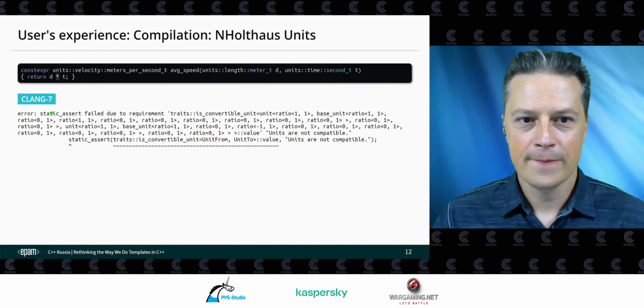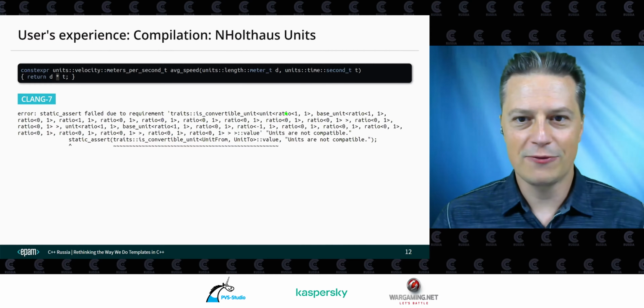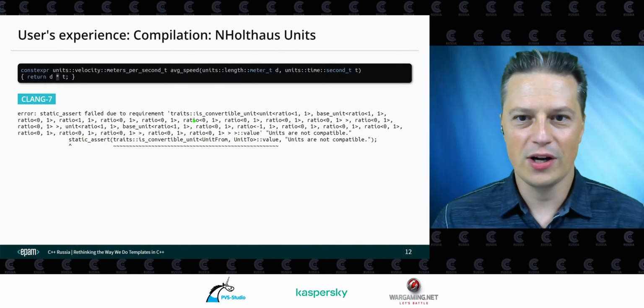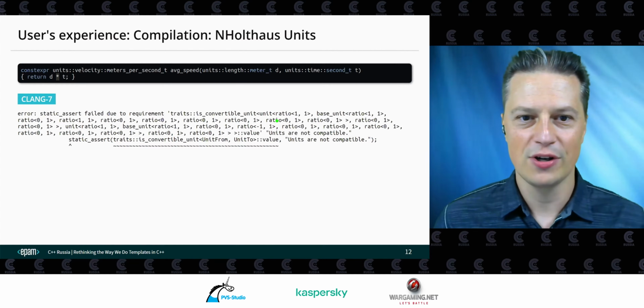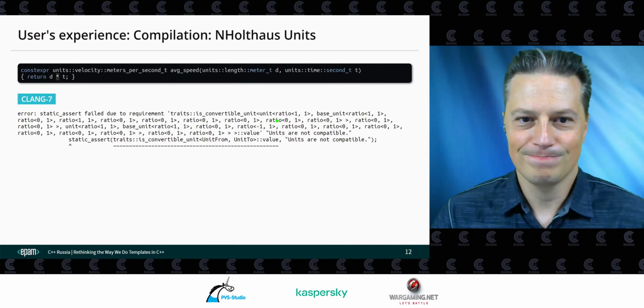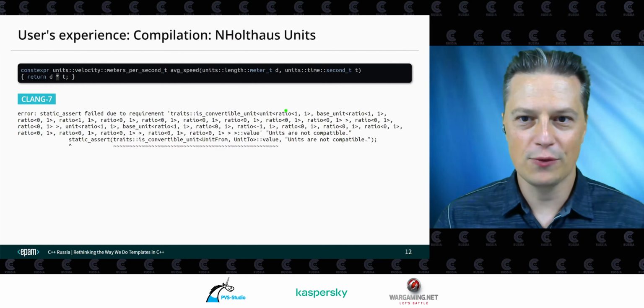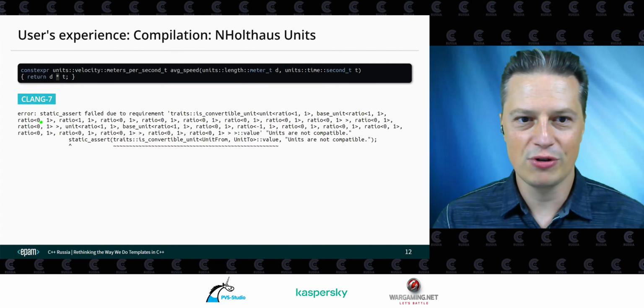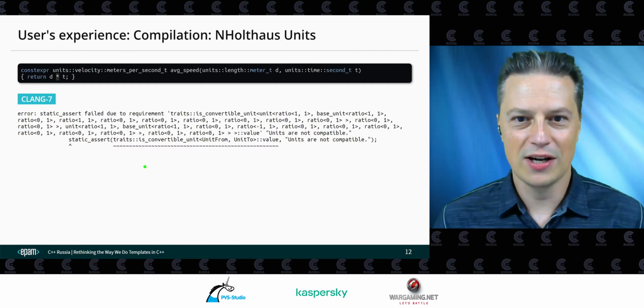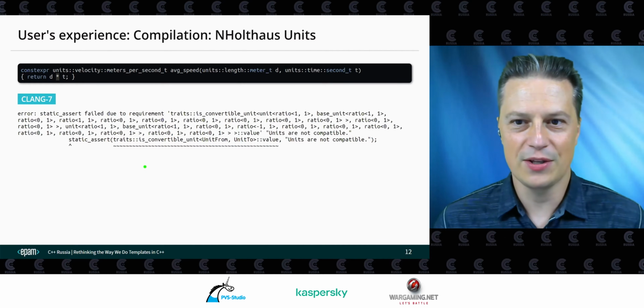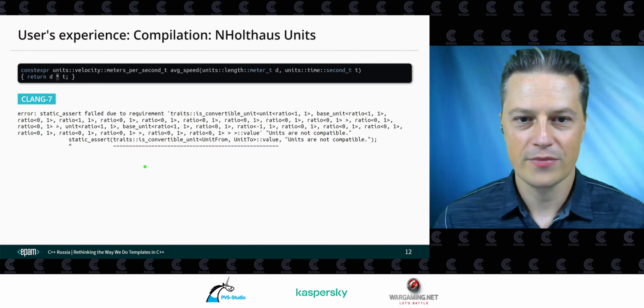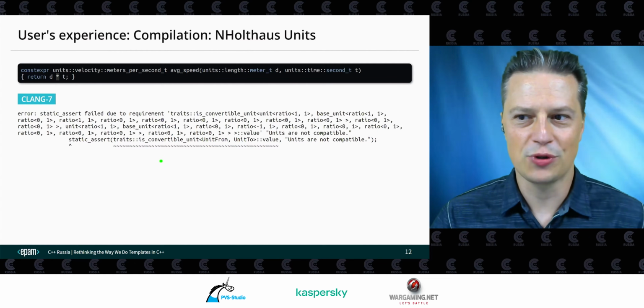With Clang, you have information on which type trait failed and what the instantiation was. But again, we are provided a huge type here, and I'm not sure you know exactly what the problem is. You have all of those ratios, 1, 1, 1, 1, 0, 1, and so on. And it's really hard to find out that this is not a velocity, because this is what the error should tell you.